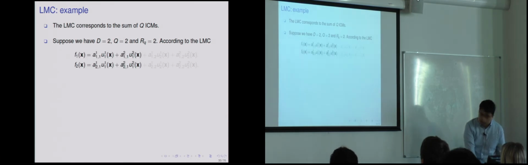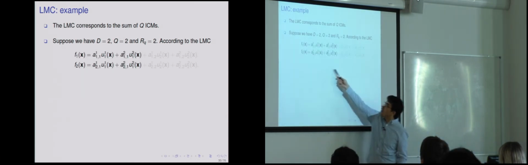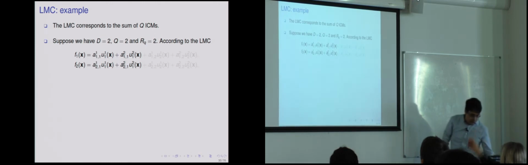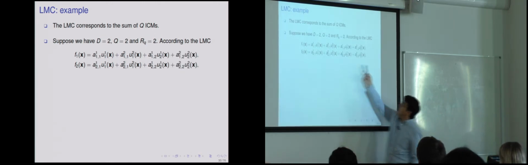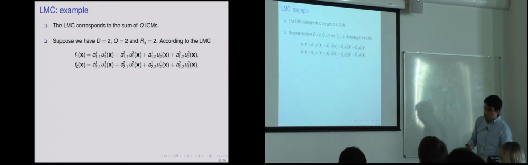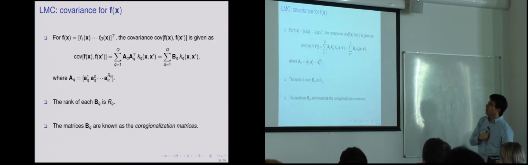According to LMC, this would be the first ICM for q equals 1, and this process will have the same covariance function. And this would be the second ICM, where this process u2 has a different covariance function, but the samples are obtained independently. So these are samples that we can get from this LMC model.